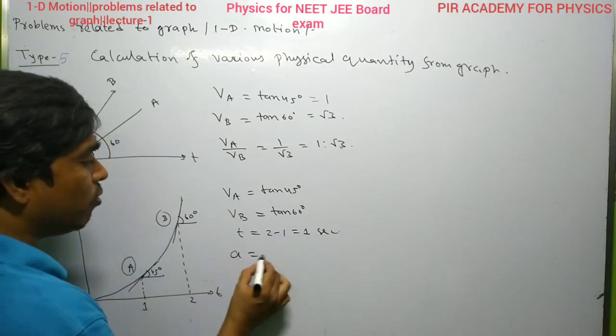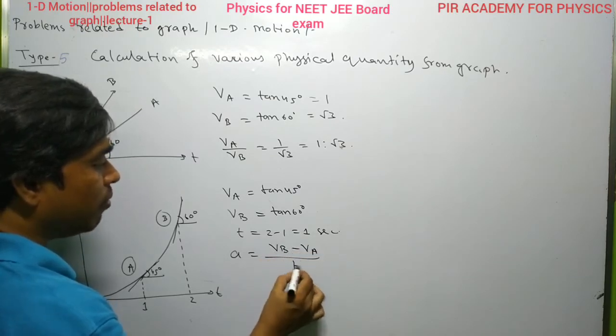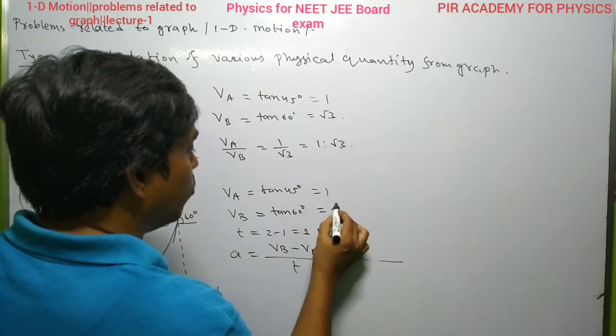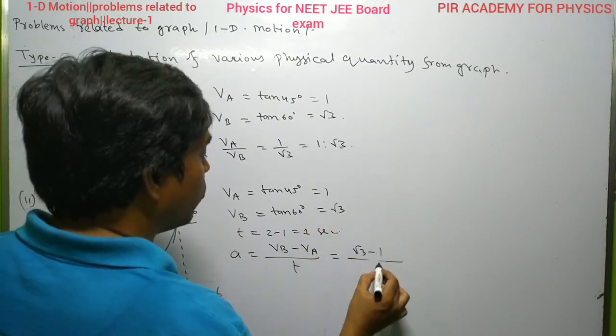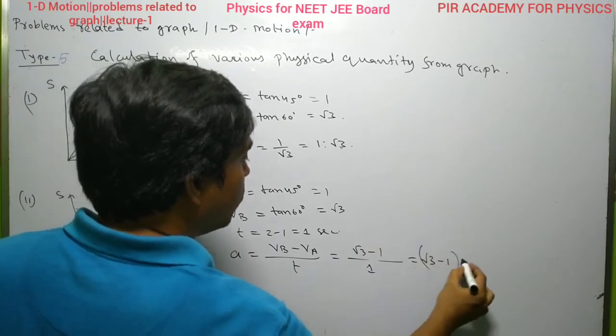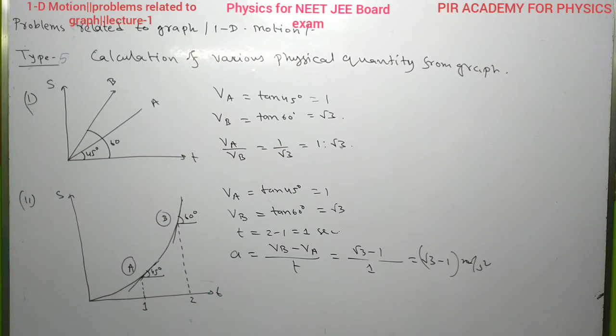So acceleration will be the change in velocity divided by time: here is 1, here is √3, that means √3 minus 1 divided by 1, that means √3 minus 1 meter per second square. This is how to calculate acceleration from a graph.